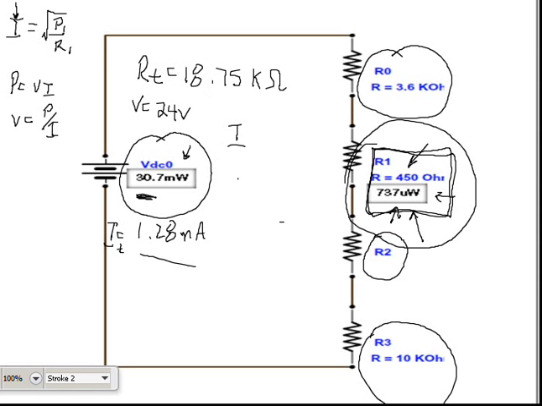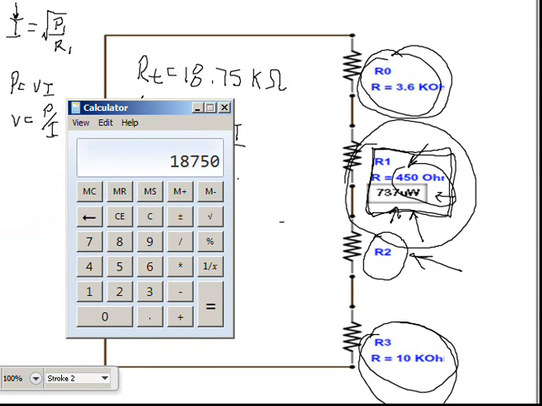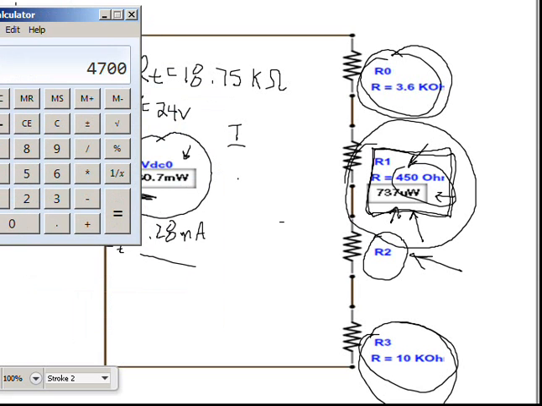Now it's just a matter of subtracting all the other resistor values to get R2. So 18.75K minus 3.6K minus 450 and minus 10K equals 4.7K ohms.